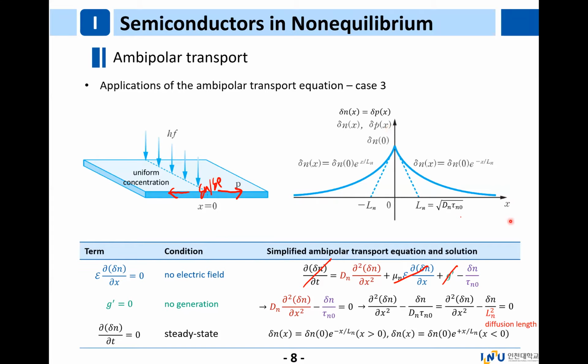However, since p0 is much larger than the excess holes generated, the concentration of majority carrier holes remains nearly unchanged.